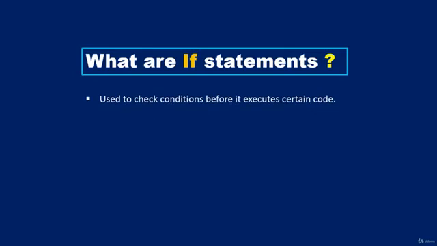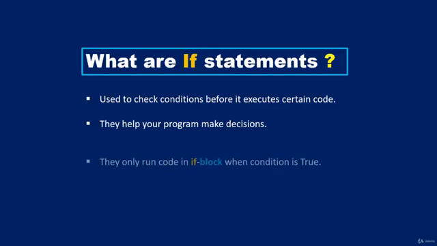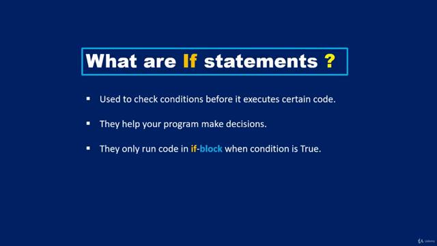They help make your programs make smarter decisions, and they will only run or execute the code inside the if block when the condition evaluates to true. If statements use comparison and logical operators to check whether conditions are true or false.